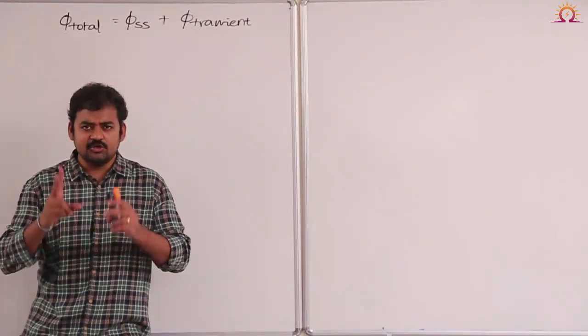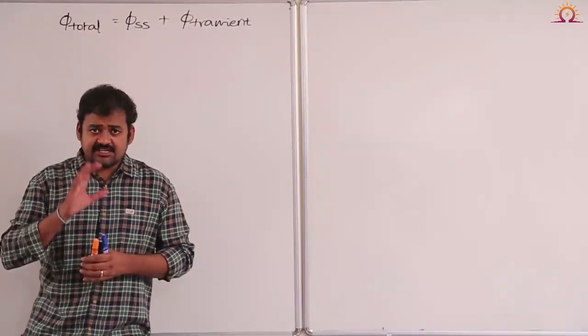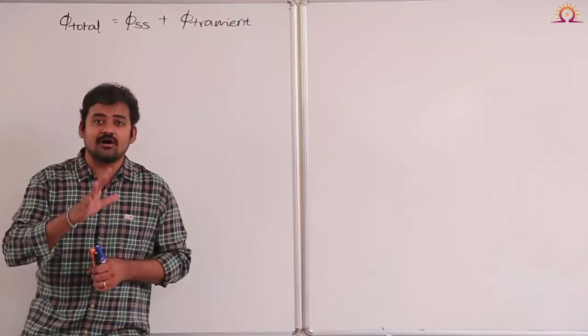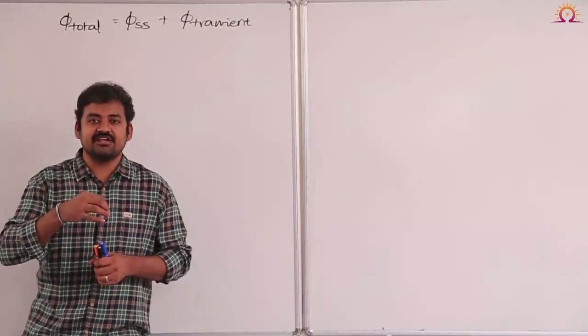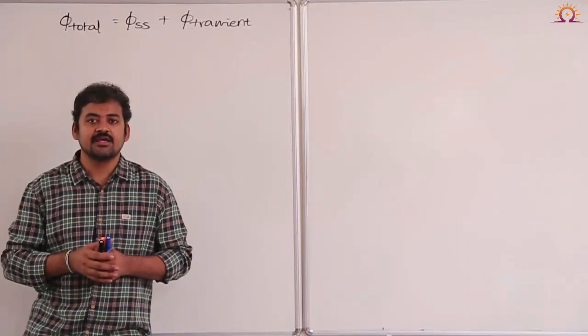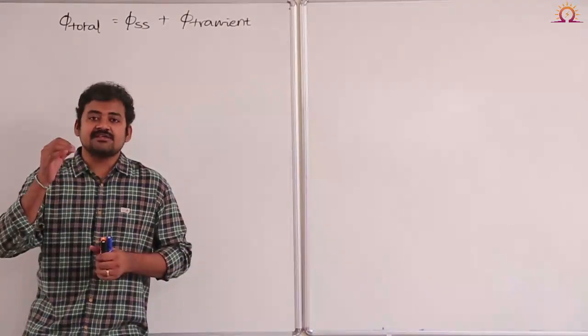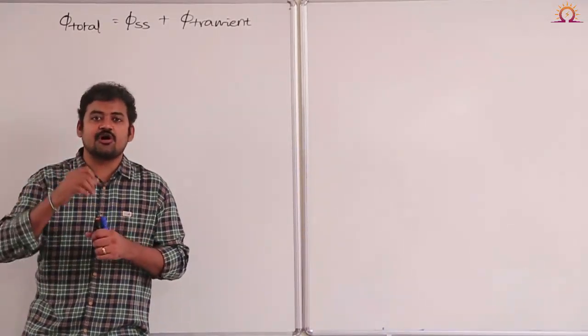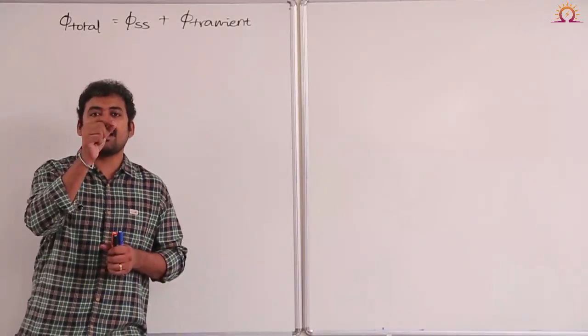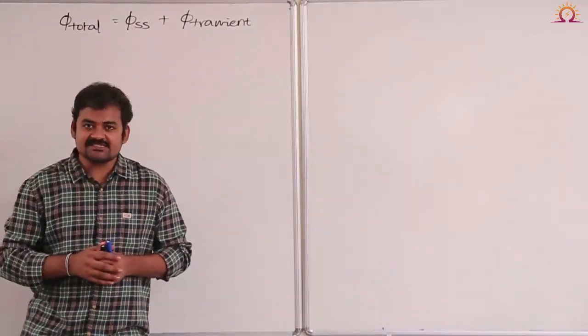Therefore, I am considering two cases here. First case is, assume that transformer is switched on at an instant where supply voltage is crossing its zero value. Second case is, assume transformer is switched on at an instant where supply voltage is crossing its maximum value. Two cases I will consider.